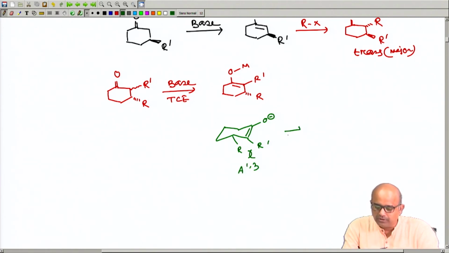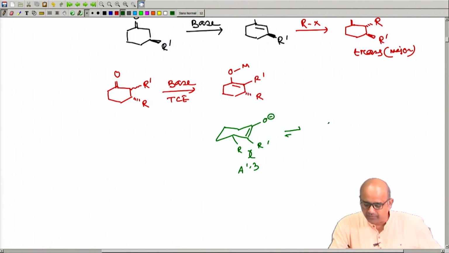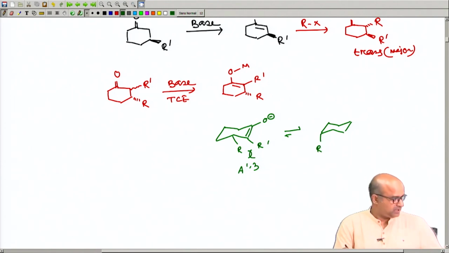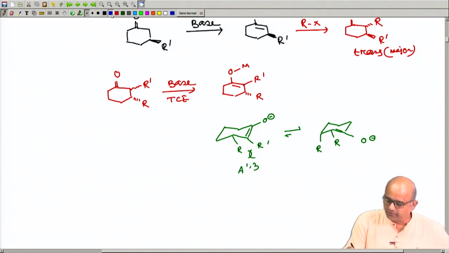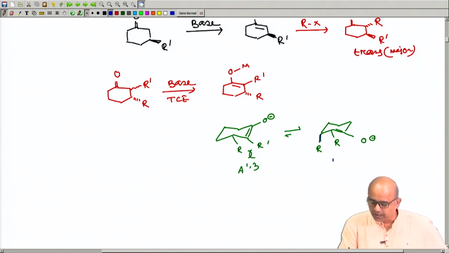So, this molecule usually tries to adopt a conformational switch, where this R group tries to have a pseudo-axial position, and then your enolate will be having this and having this. So, this might be a little bit of a preferred geometry, and once you have this, the axial attack will actually be preferred.